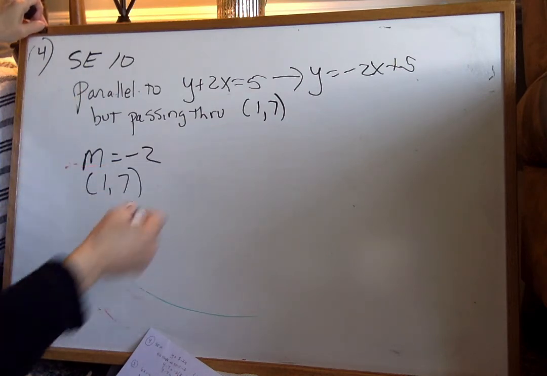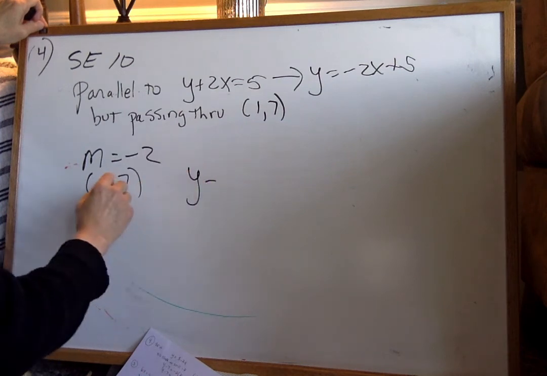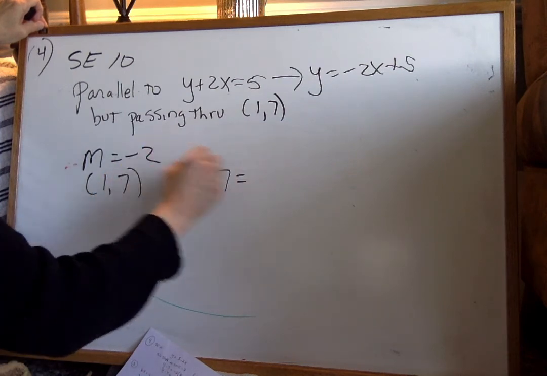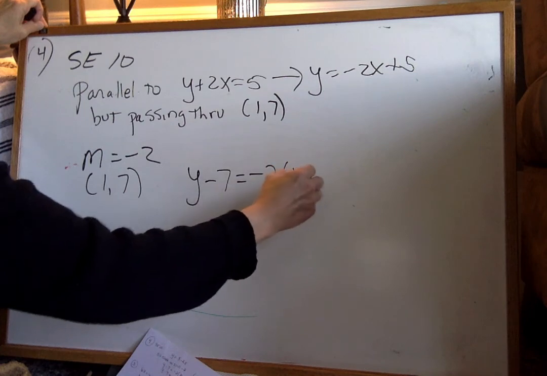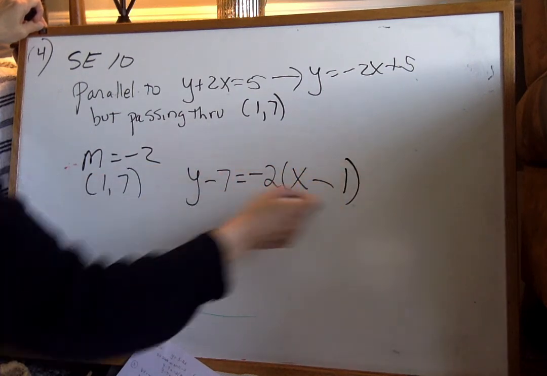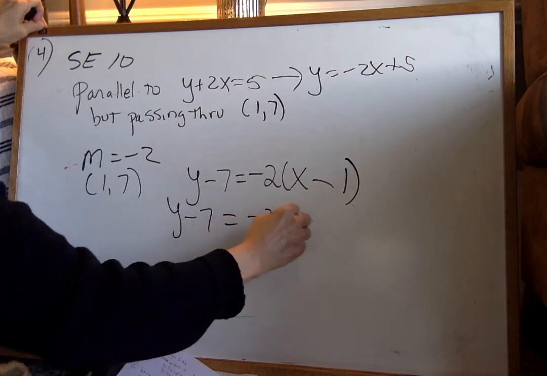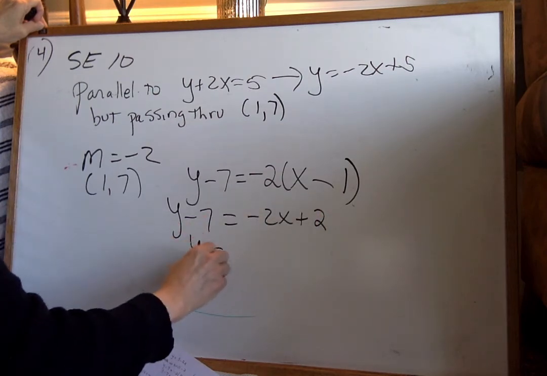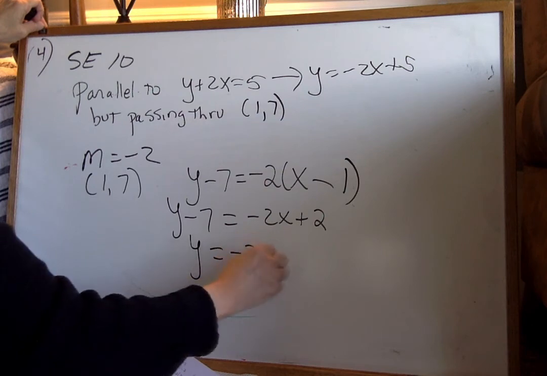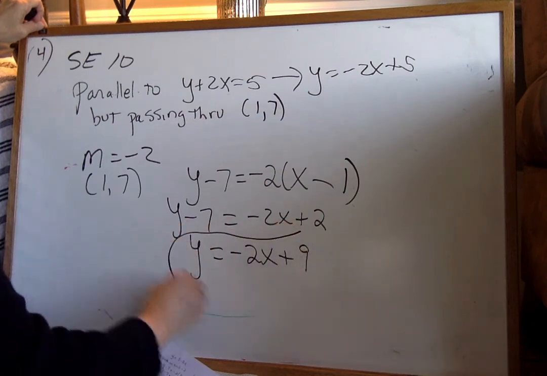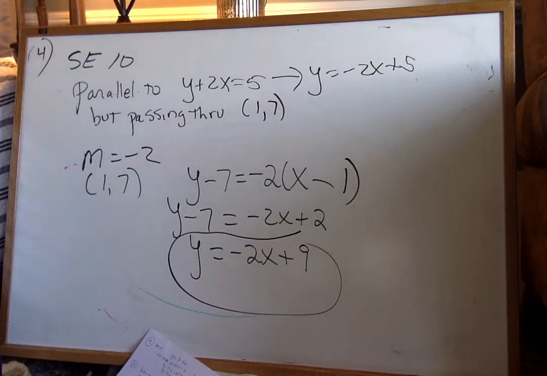You can do the mx plus b. y minus y1 equals slope times x minus x1. Now I just have to clean this up. Add the 7 to both sides. Minus 2x plus 9.